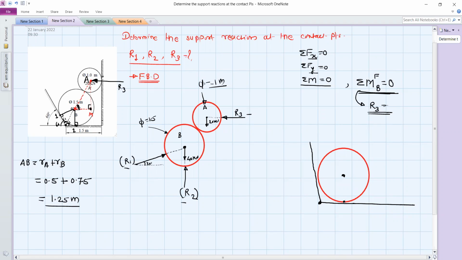We can connect this tangent point with the center point. So this is 90 degree, and this is 90 degree. If you connect this point directly with the center, then it will bisect this angle. In the problem, this total angle is 120, so this is 60 and this is 60.